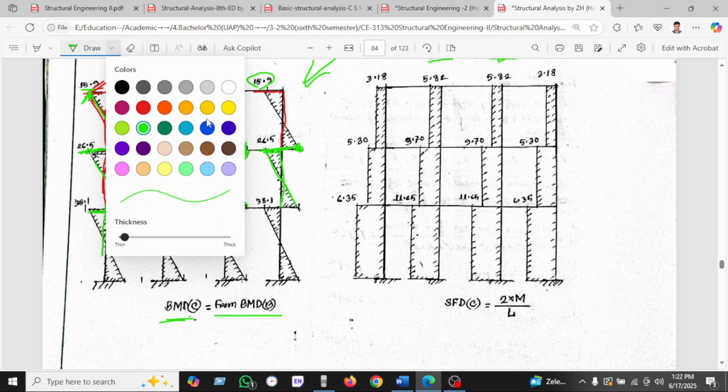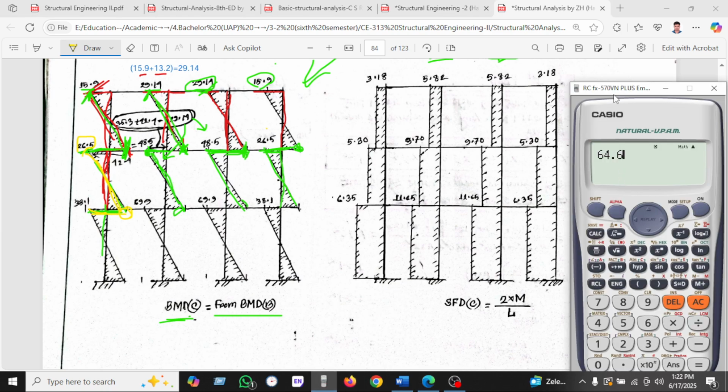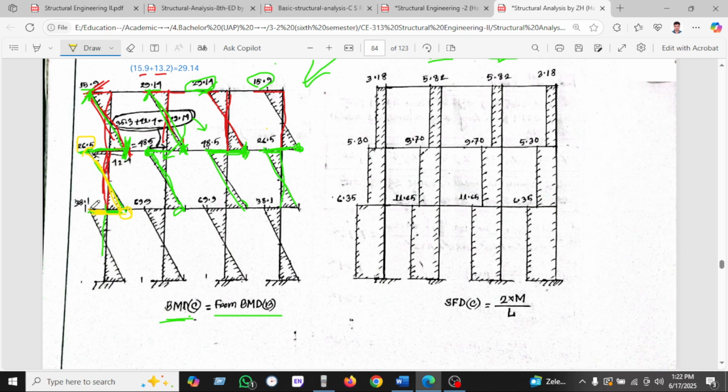I'm just changing color for your better understanding. This value 26.5 is also 26.5. So our total value was 64.6. We deduct 26.5, then we have found 38.1. So the remaining value is 38.1.